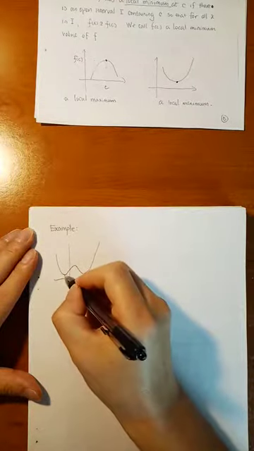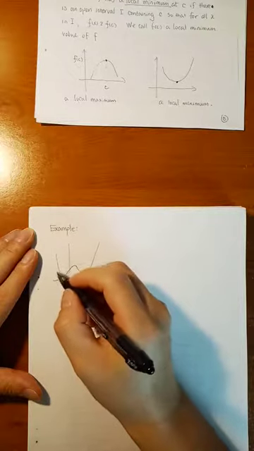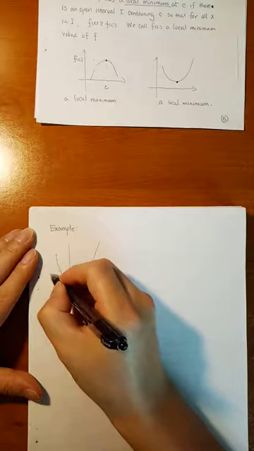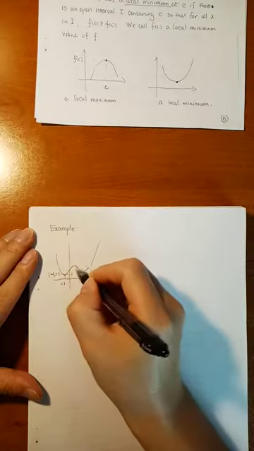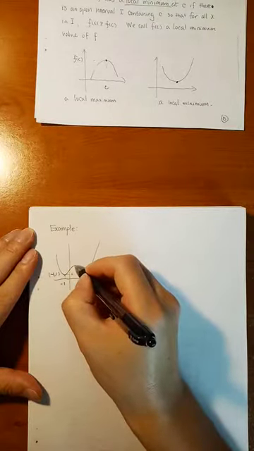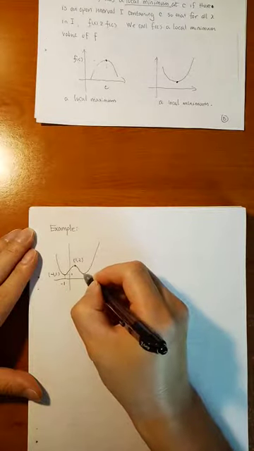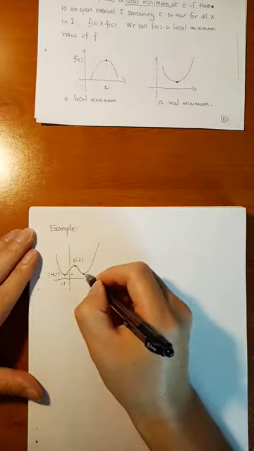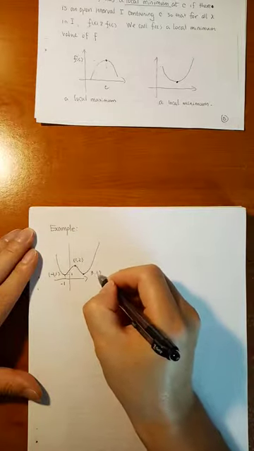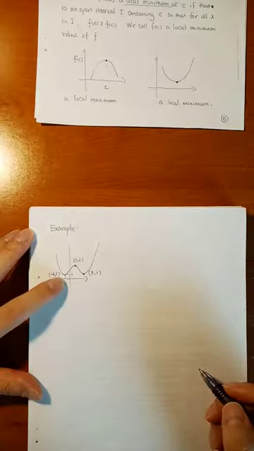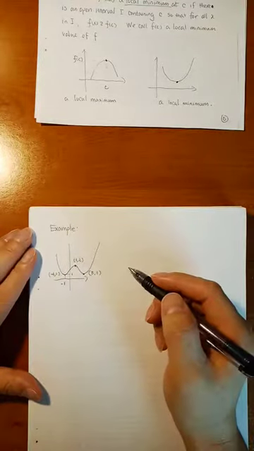Okay, so assume this point has x coordinate -1, y coordinate 1. So it's (-1, 1). And this point is (1, 2). And this point is (3, 1). Okay, (-1, 1), (1, 2), and (3, 1).